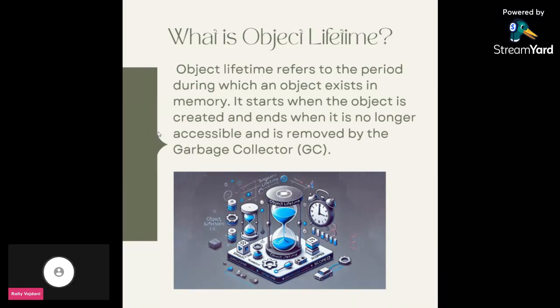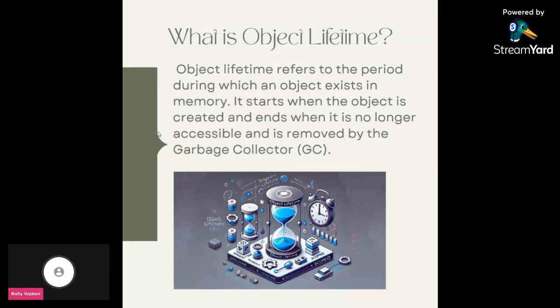The moment we create an object using the new keyword, the object is born and it starts its life. While the program is running, we might use that object, modify it, or reference it. But when the program no longer needs it, or if there are no references pointing to it, the object dies.